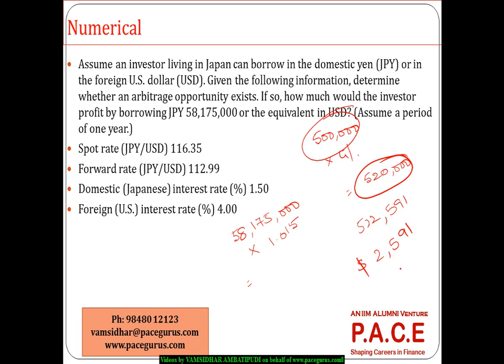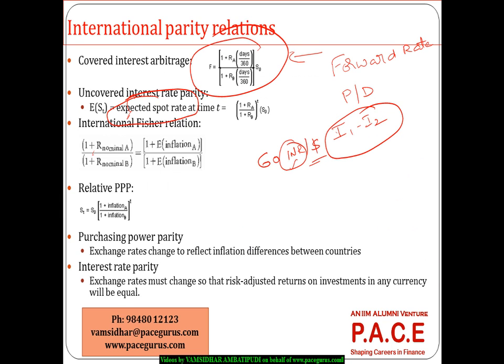Or we could have converted it into yen at the rate of 112.99 and say this much yen is the profit in this particular transaction because of this arbitrage opportunity. So that's how we can evaluate the arbitrage opportunities under the covered interest rate arbitrage model.